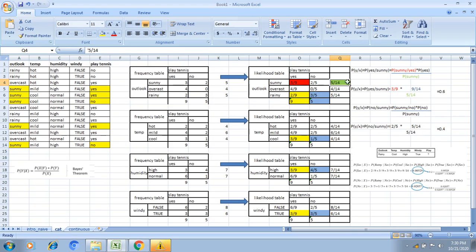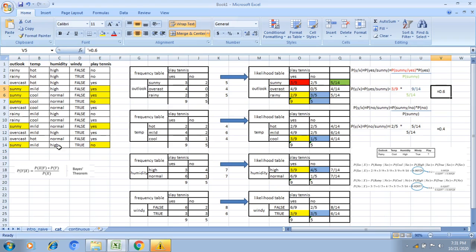Okay, if I calculate the posterior probability for play tennis being no and also yes, then I got 0.6, my highest probability. That's why here I am willing to play. Here yes means I am willing to play, since my probability of yes is more. That's why I am willing to play whenever the outlook is sunny.